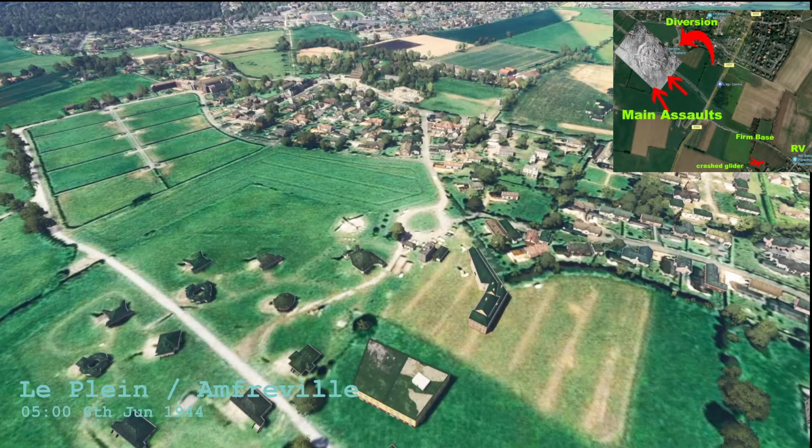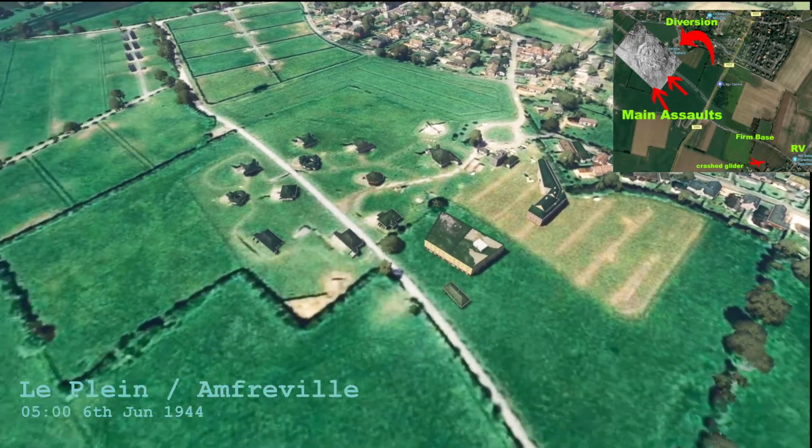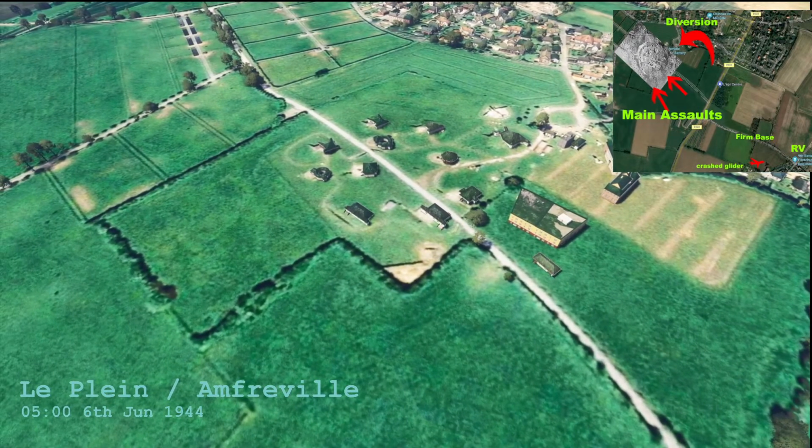He reoccupies the battery when the 9th Parachute Battalion withdraws, and he says that he found that 3 of the 4 guns were able to fire, and at least 2 on D-Day fired on Ouistreham and the Orne estuary and the canal.